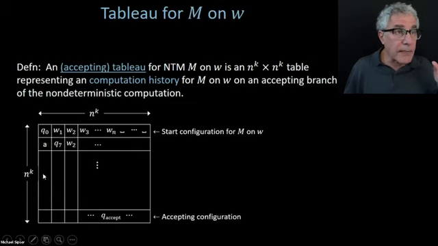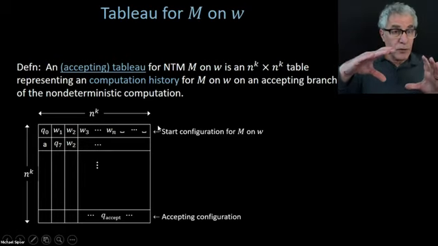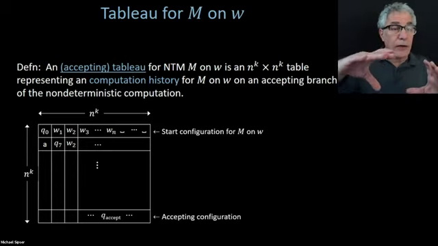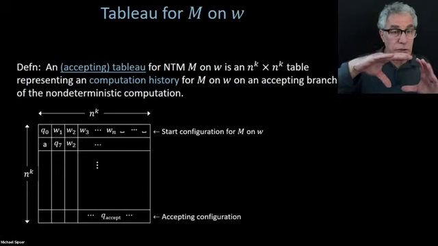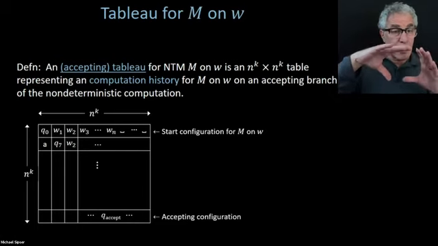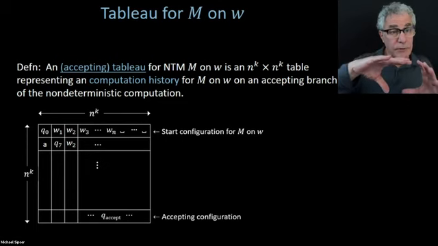So I want to make my table n to the k by n to the k, because that's going to be enough to represent all of these configurations of M running for at most n to the k steps.